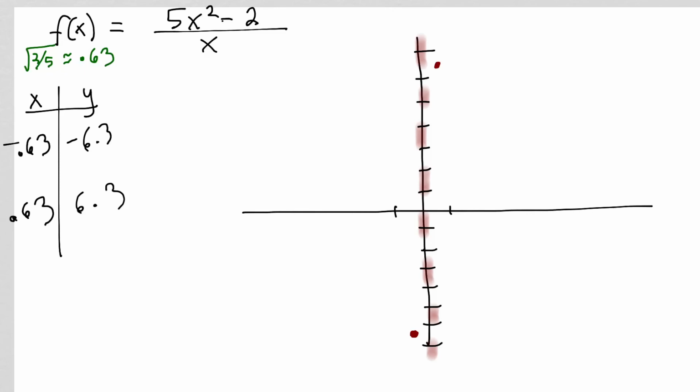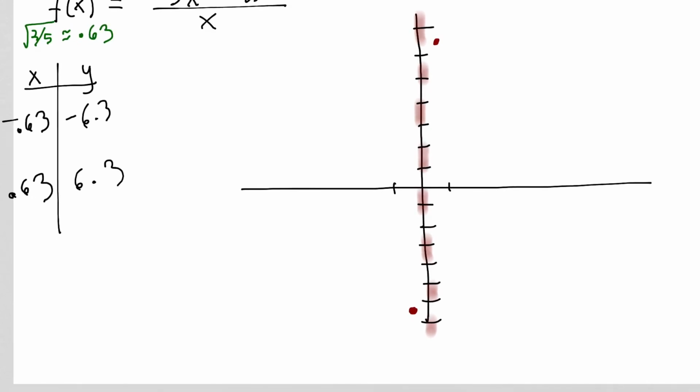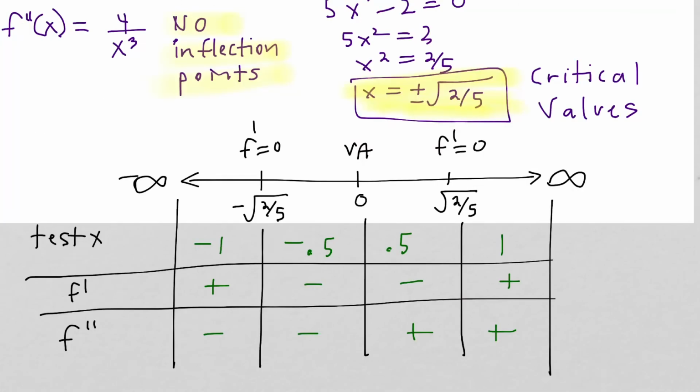Now we've got to figure out what's going on according to our sign table. So we want to look to the left of negative 0.63. So looking in my table here, that means I've got a positive slope and a negative concavity. So uphill, concave down.